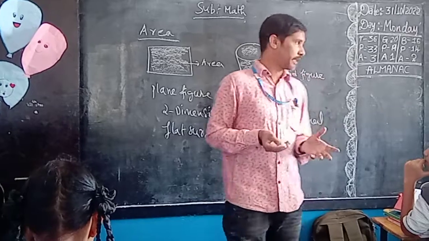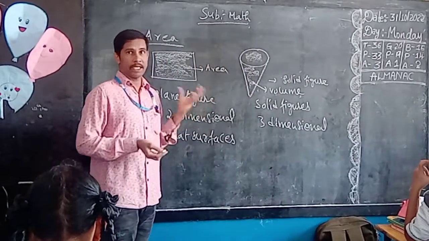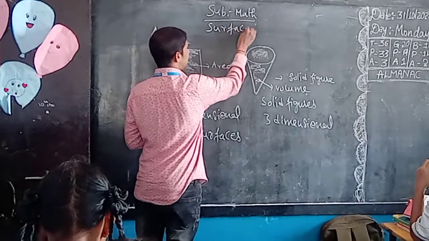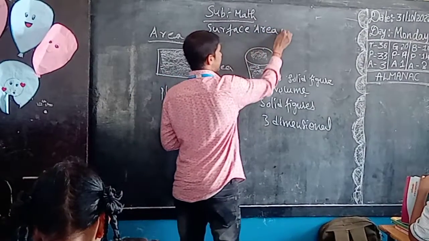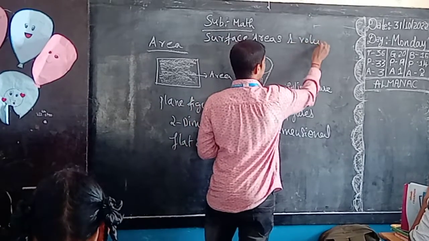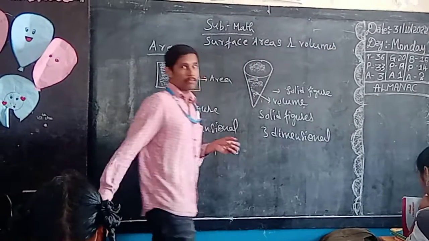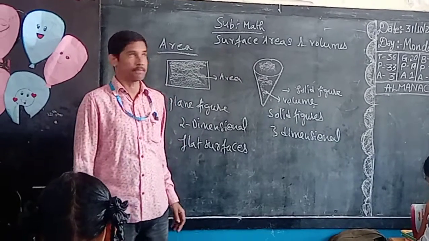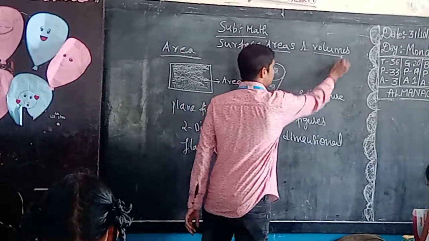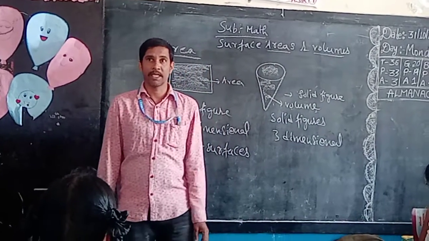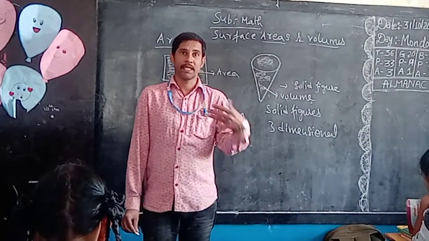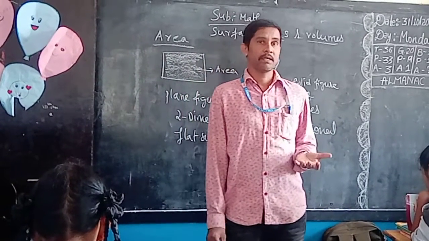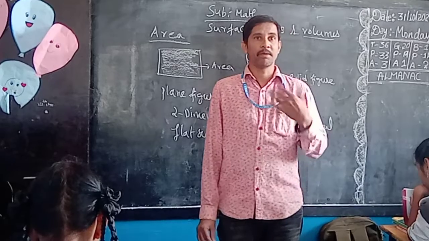So here our chapter is surface areas and volumes. Now we are going to discuss surface areas and volumes. That means whatever solid figures and plane figures we take in this chapter, we will find the areas and volumes. Suppose I take a cone, I have to find the surface area of the cone and the volume of the cone.